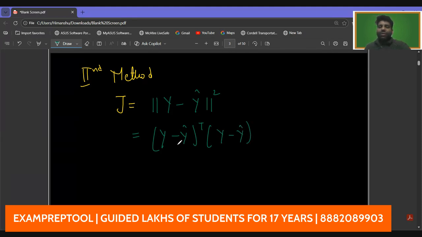Because a transpose a is nothing but a norm square. Okay, so what I am getting is this one. Now if I just open it up, what is my this part? Again, same issue, need not worry, we'll solve it.